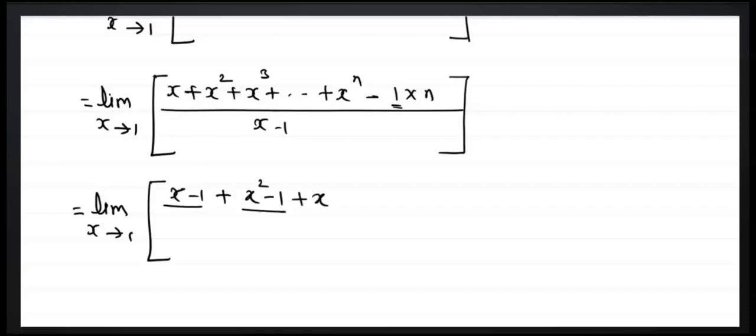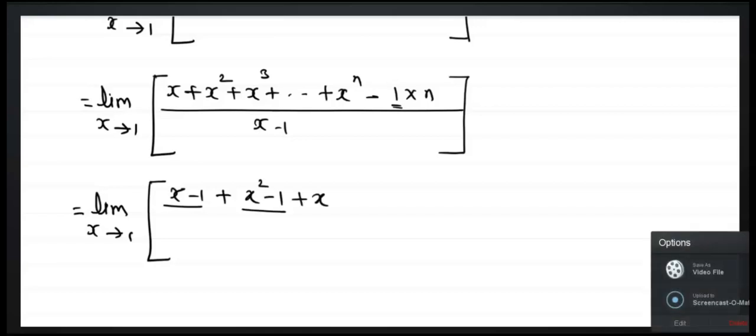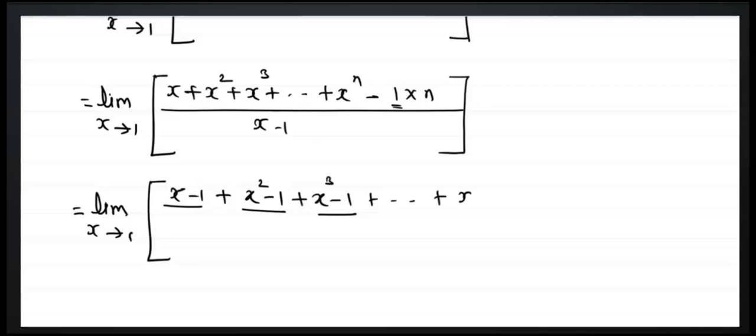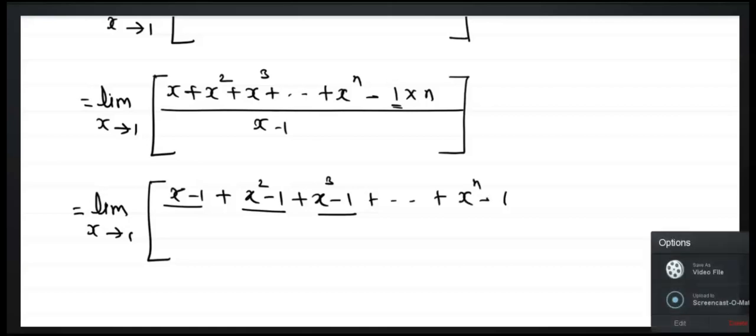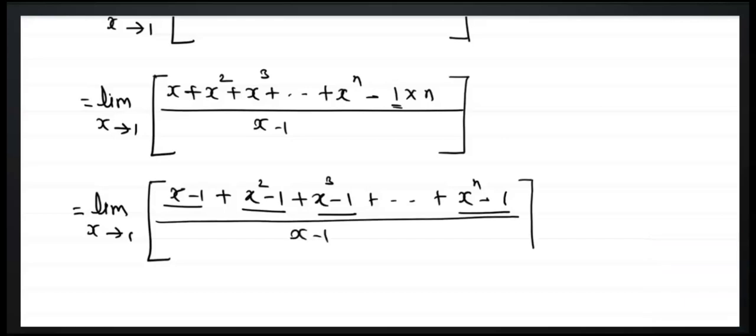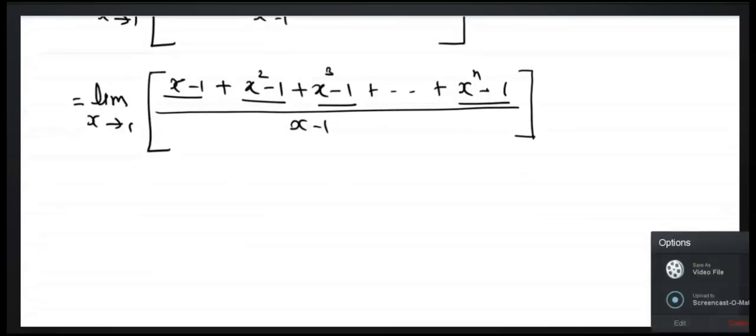That is x minus 1 plus x square minus 1 plus x cube minus 1 up to x raised to n minus 1, and this whole divided by x minus 1. Now split this up: x minus 1 upon x minus 1 plus x square minus 1 upon x minus 1 plus x cube minus 1 upon x minus 1 plus dash dash plus x raised to n minus 1 upon x minus 1.